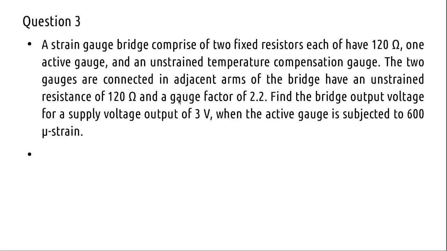The two gauges are connected in adjacent arms of the bridge and have an unstrained resistance of 120 ohms and a gauge factor of 2.2. Find the bridge output voltage for a supply voltage of 3 volt when the active gauge is subjected to 600 microstrain.